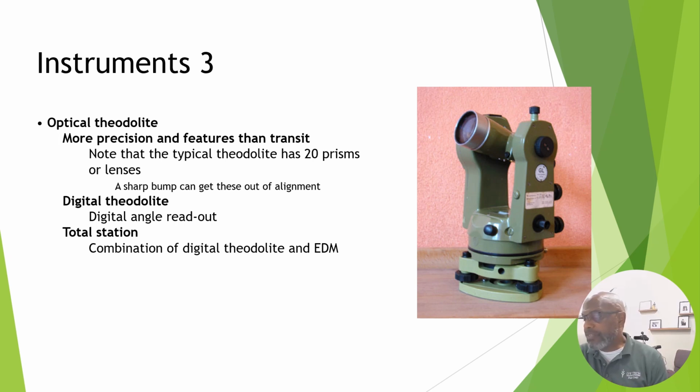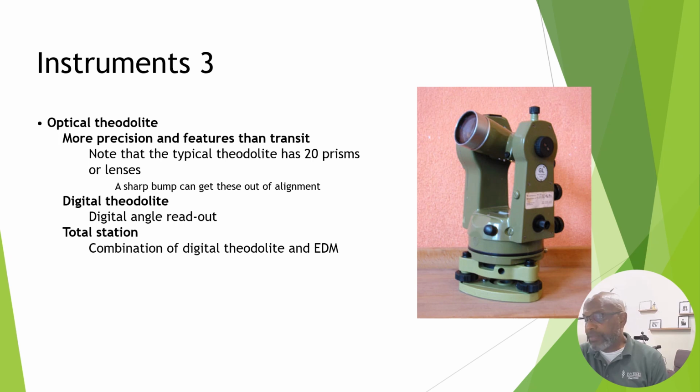By understanding the transit, the field engineer can easily move on to any other type of angle measuring equipment. So although there are a number of differences between transits and theodolites, the major difference between them is the method of reading the scales.